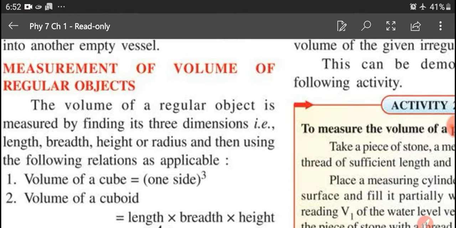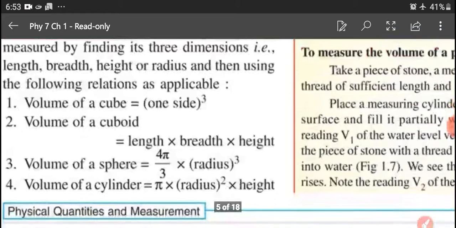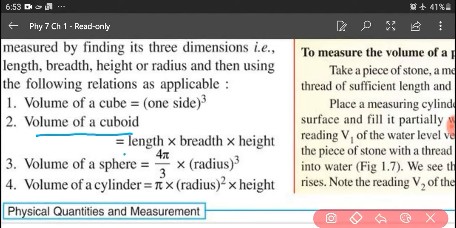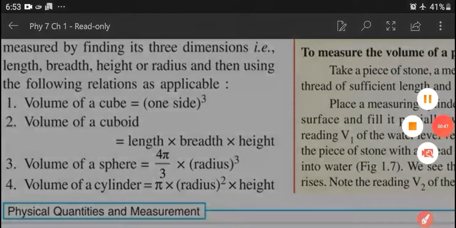Please write, the volume of a cuboid can be found out by the formula: volume of a cuboid is equal to length into breadth into height.